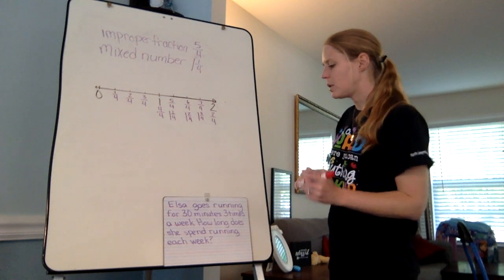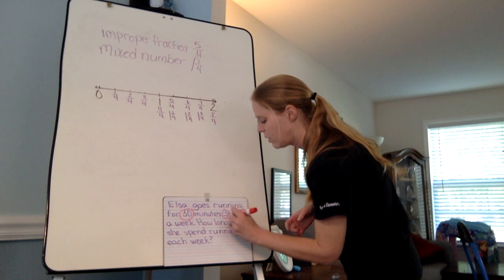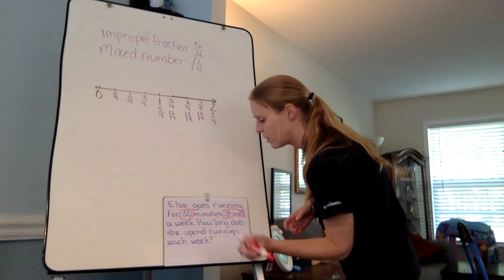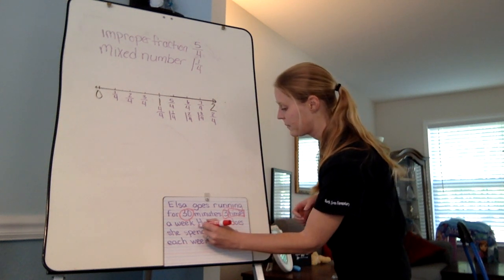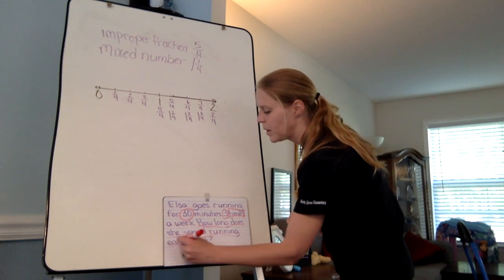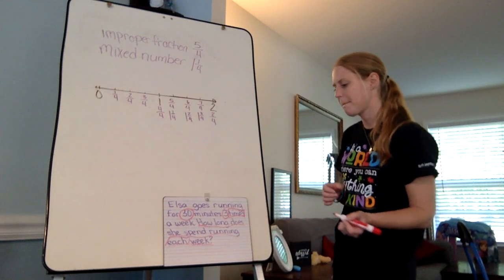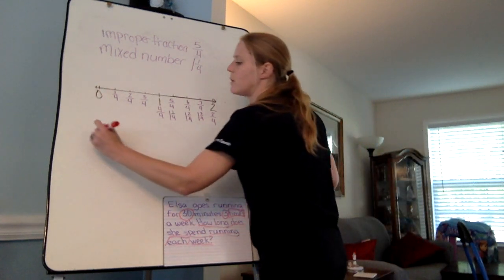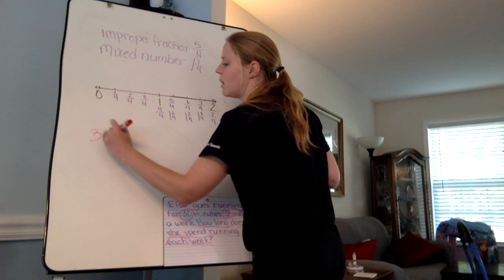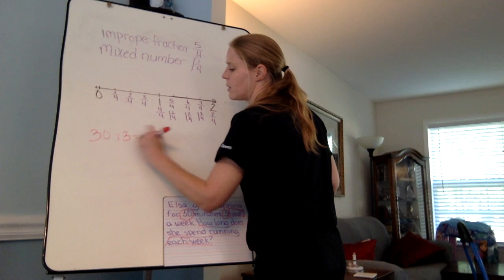So 30 minutes 3 times a week. Let's see, 30 minutes. I'm going to box this right now so I don't lose it. Times is a big thing. How long does she spend running each week? Oh, there's that each, gotta box that. All right, so 30 minutes 3 times a week equals, we're not sure.